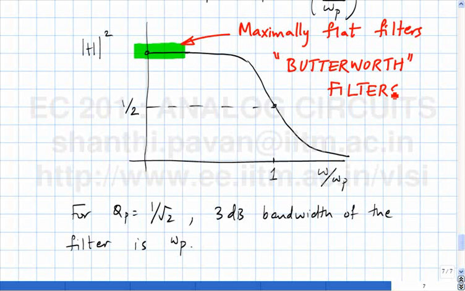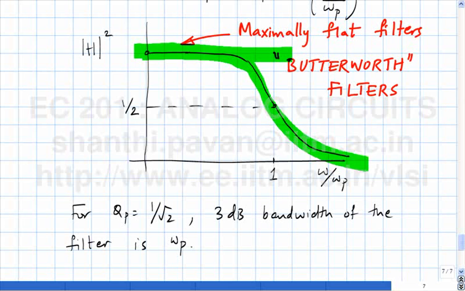You understand? So you can see that the filter characteristic tries to hug this flat line as much as possible, but eventually it has to go down to 0. So it does its best and then kind of droops off. If you wanted it to stay flat for a longer time before it dives down suddenly, that's what you want.